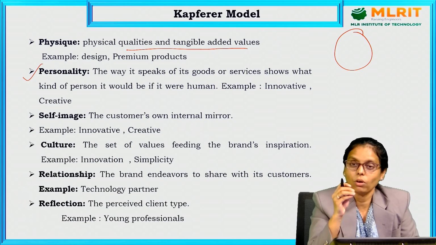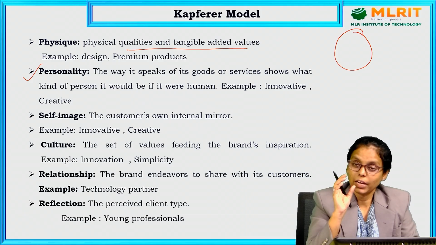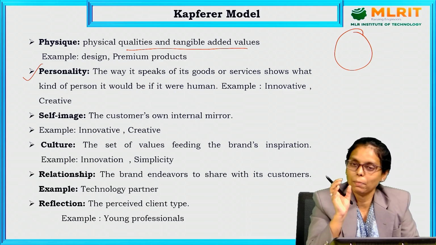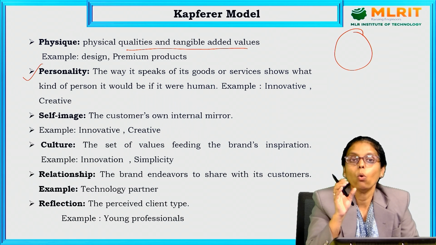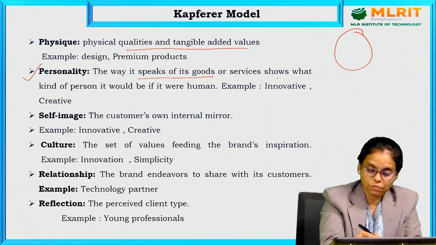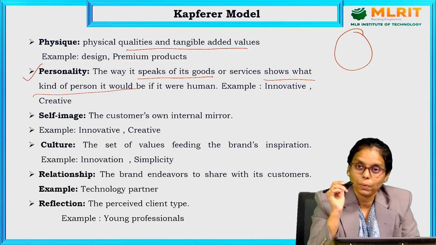Elderly brands. Because of that, they might not prefer that, and some emerging brands they will prefer. From this we can clearly say that every brand will have its own personality. The way it speaks of its goods and services shows what kind of person it will be.